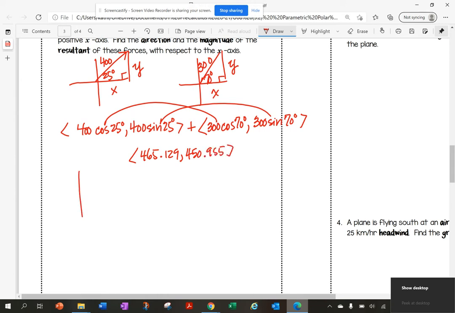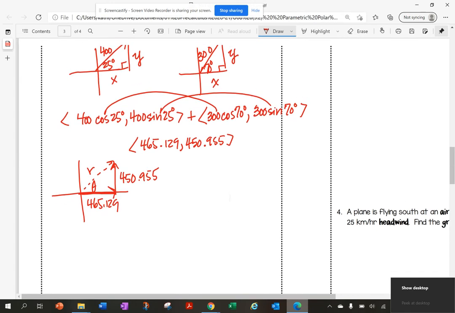So I'm drawing a new diagram. So this is going to look like this. So 465.129, tip to tail, 450.955, and then here's my resultant vector and my angle.